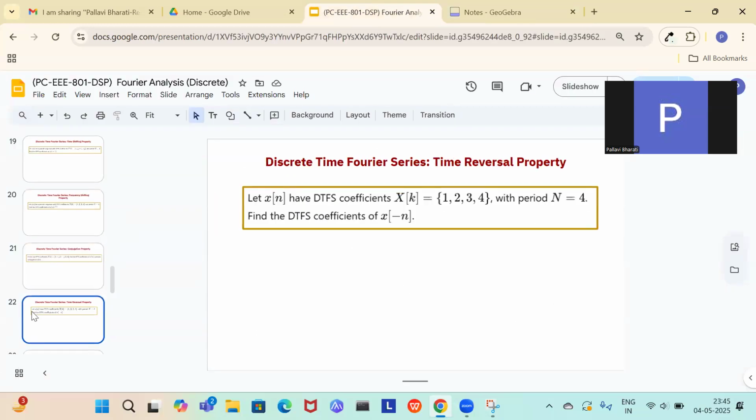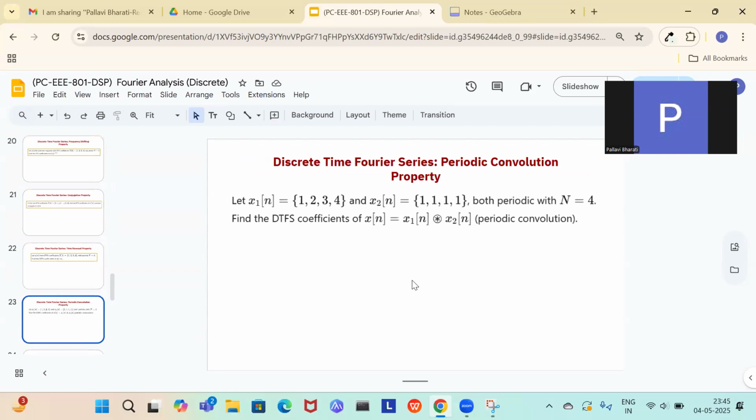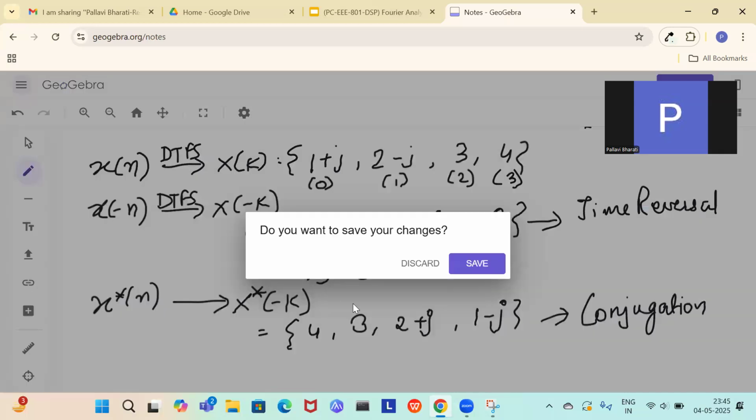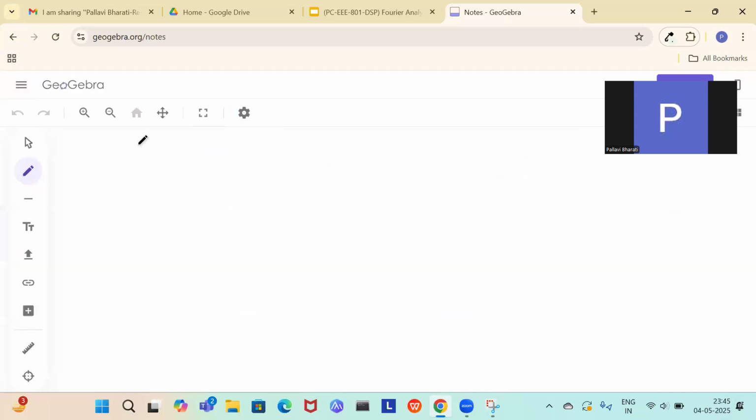Okay, now we have done the time reversal property together. Now the next property is the periodic convolution property. What does it say? If you are doing convolution in the time domain, it is equal to multiplication in the frequency domain. That's it. Statement-wise, we are doing periodic convolution.